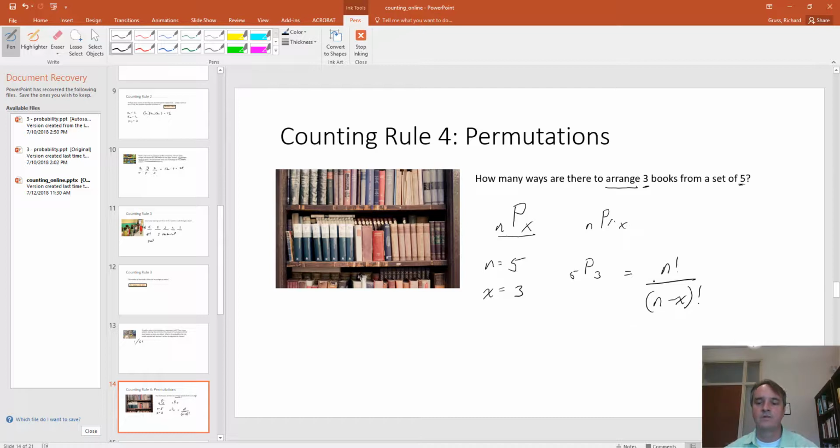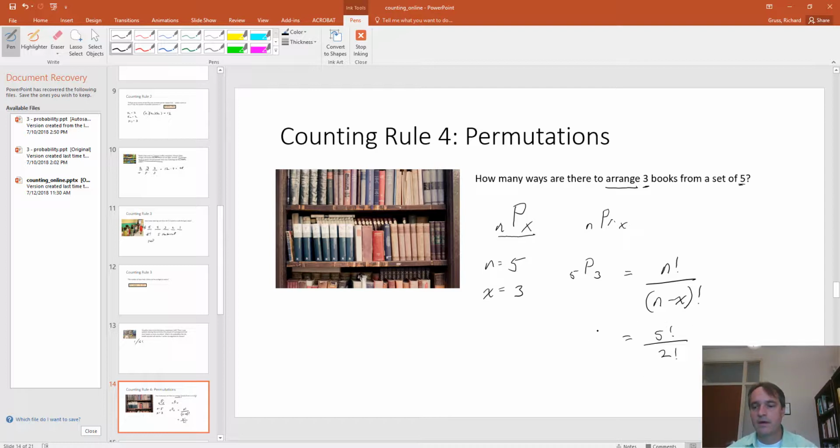Let's plug in the numbers, and in a little while I'll show why this makes sense. Our n was 5, so 5 factorial, and x is 3, so 5 minus 3 is 2 factorial.